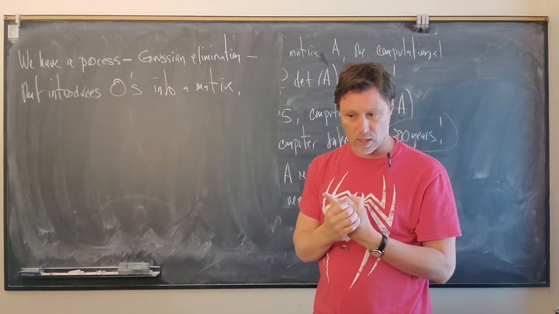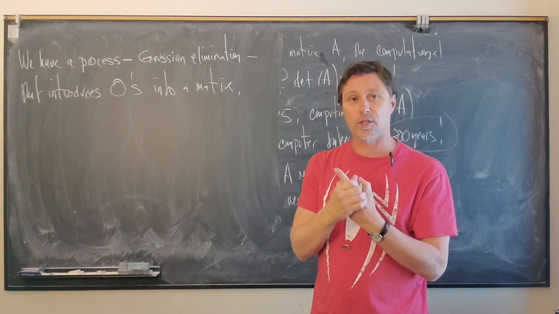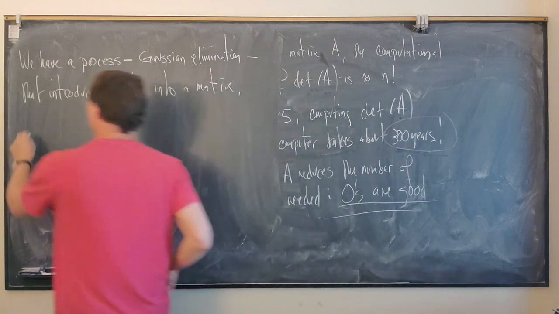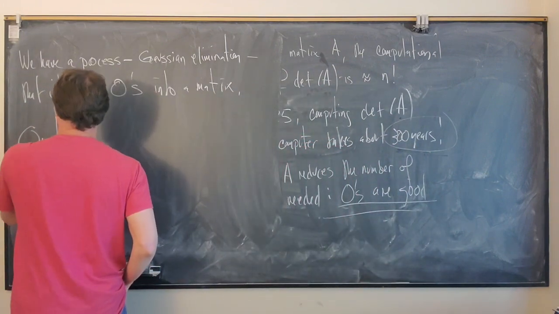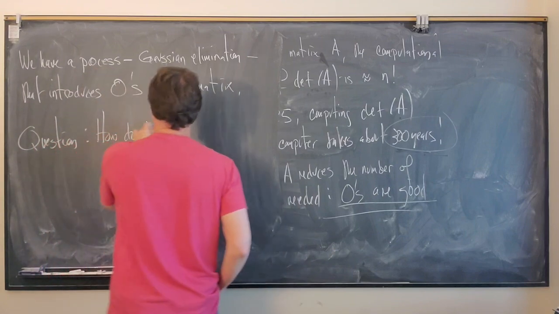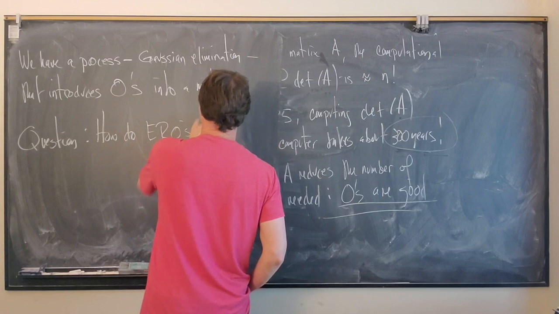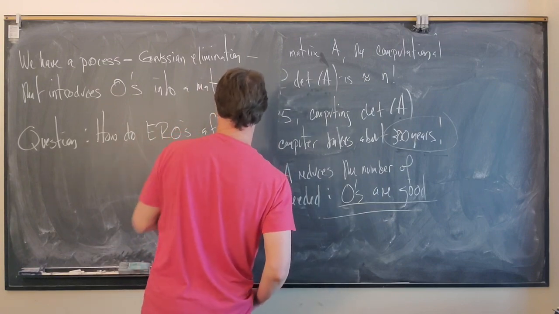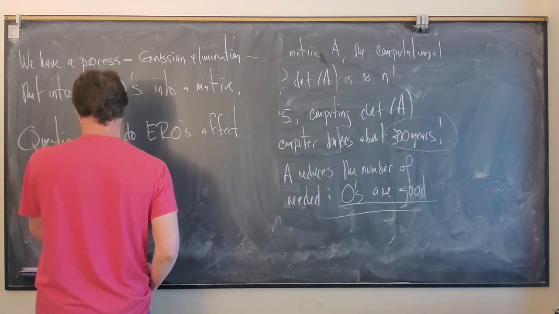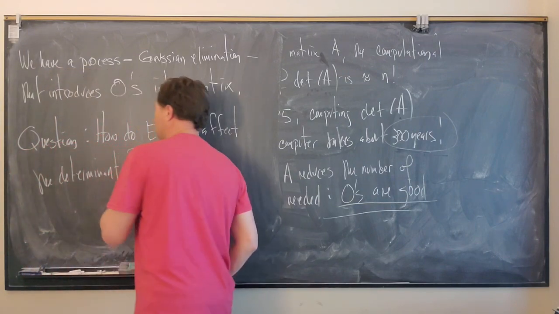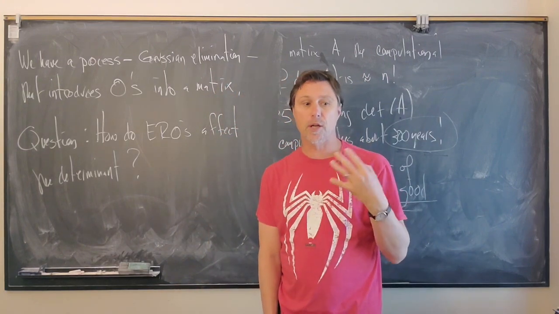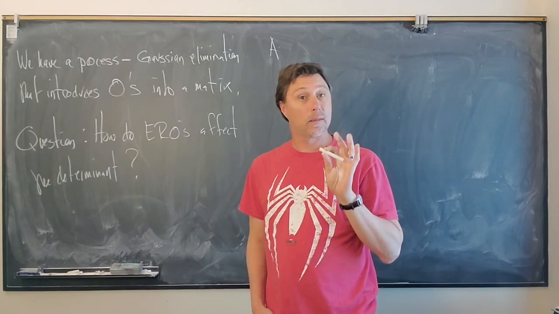The question then: how do elementary row operations affect the determinant? If we can answer that question, then this leads us to a procedure of computing the determinant much, much quicker. So now let's answer this question.